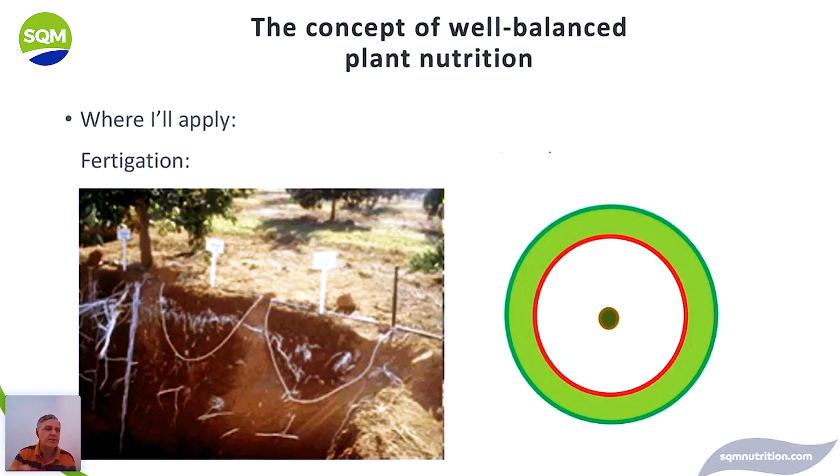But when we don't have an irrigation system, or in areas that are not irrigated, then normally we need to apply or concentrate the nutrients in the place where we have the most active roots. And normally the place where we have the highest number of active roots is that green part that we can see between the red and green lines at the border of the canopy.